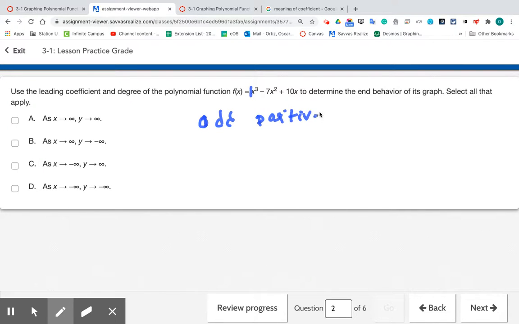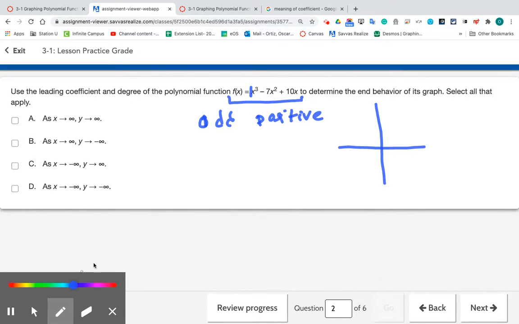So immediately I'm thinking this function right here behaves exactly the same as the one that is much easier, and we know f of x equals x.